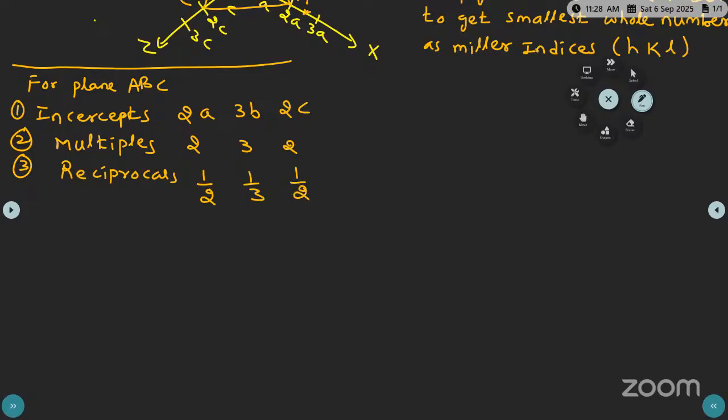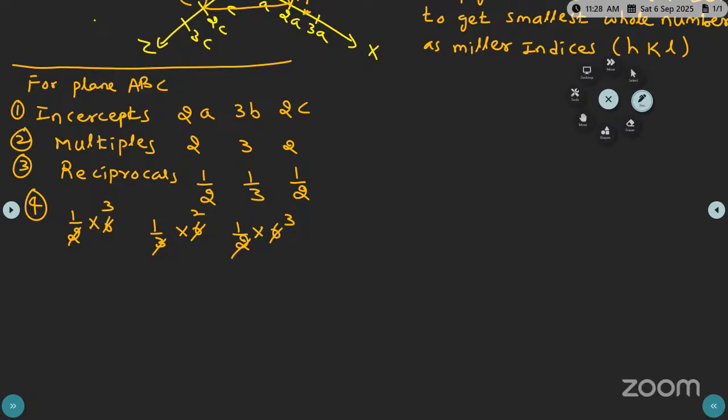Now, fourth step. We have to convert these reciprocals into a set of whole numbers by multiplying each with their LCM. The LCM of 2, 3, 2 is 6. Therefore, next step I am writing 1 by 2 into 6, 1 by 3 into 6, 1 by 2 into 6. What do we get? 3, 2, 3.